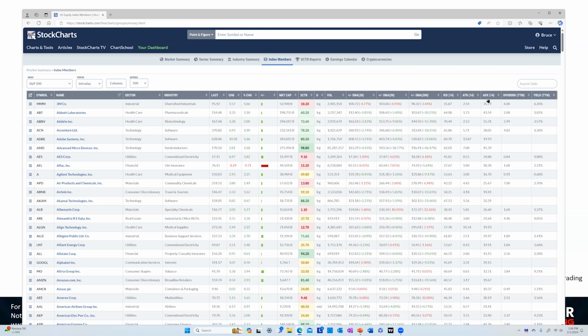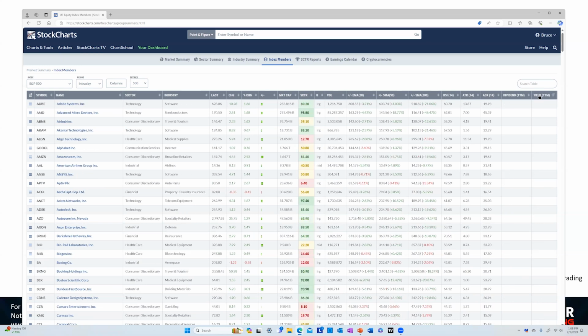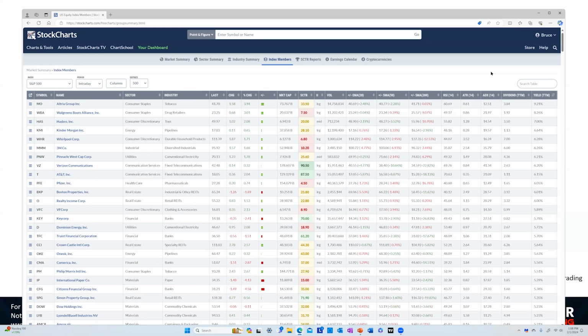Also, you have readings for RSI, ATR, ADX, and you can see the dividends. And all you have to do to sort any of these categories is to click on them, high to low or low to high. Look at yield. You can click on yield here, and you're now seeing the S&P 500 highest yielders down. So for some, that's very valuable information.